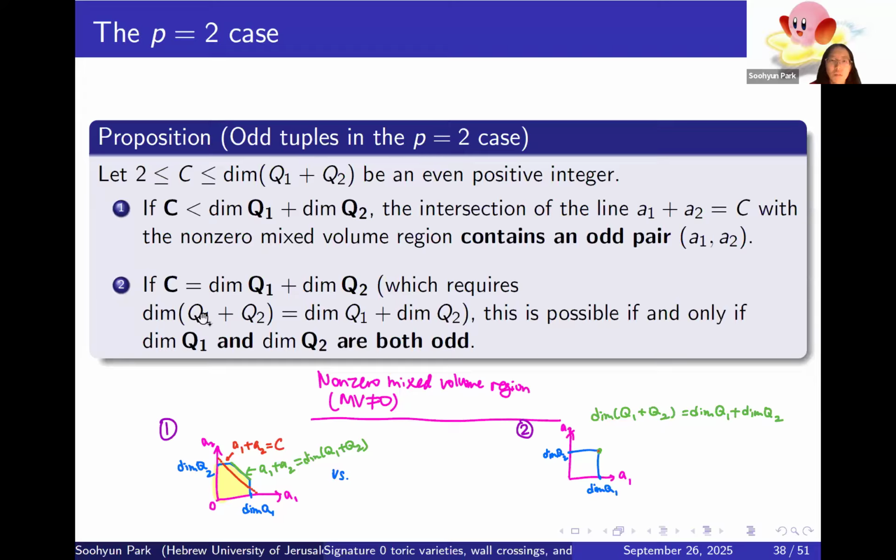And within such a region, that's only possible if each of the coordinates attains its maximal value. What I mean is that C is the sum of the two coordinates, and this is the value you would get if you add the maximal value of each coordinate. Maybe that's more intuitive? Because if you make either of those smaller, the sum is going to be too small.